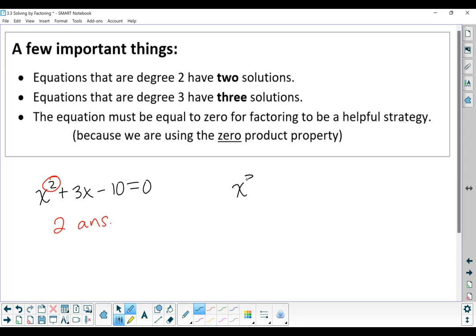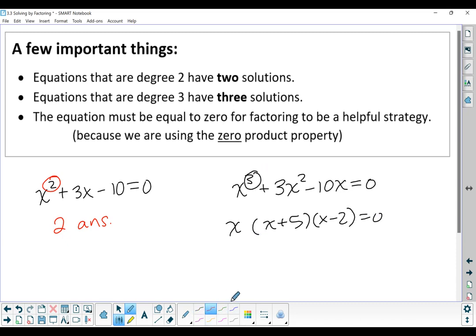If we have a third power, when we factor it out, we're going to have 3 x's present in our factorization. That is going to have 3 solutions or 3 answers. And that is actually called the fundamental theorem of algebra. But the degree of the equation tells you how many answers you're looking for.